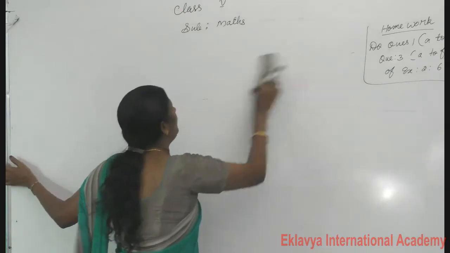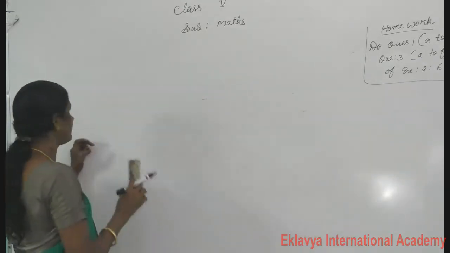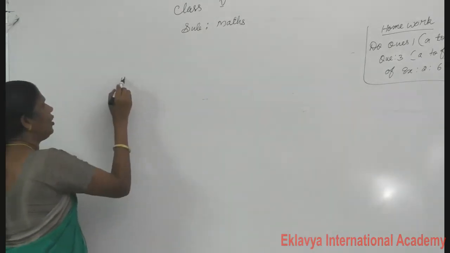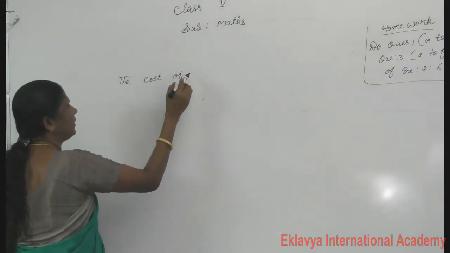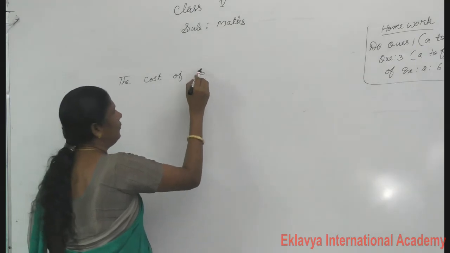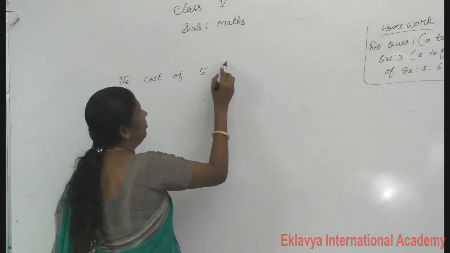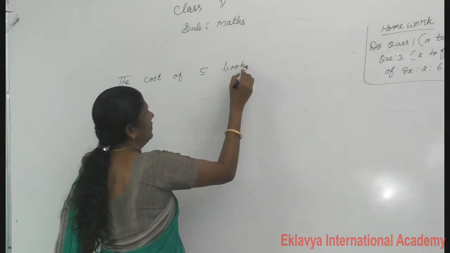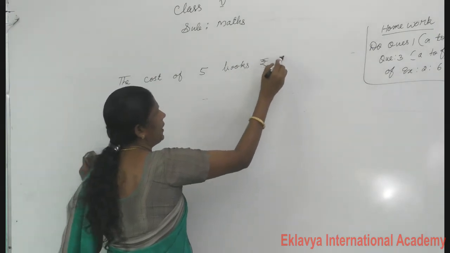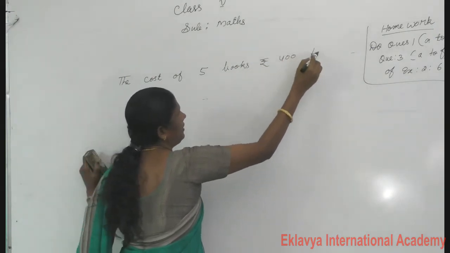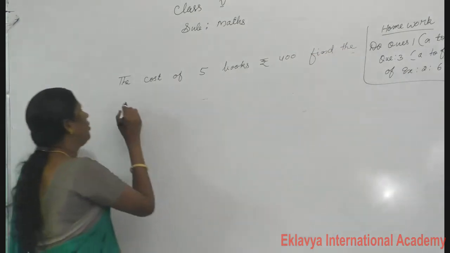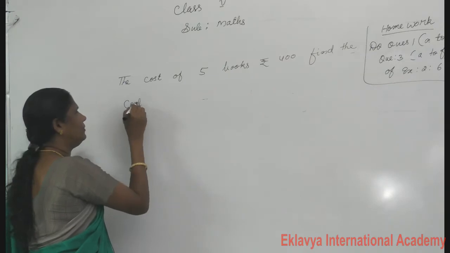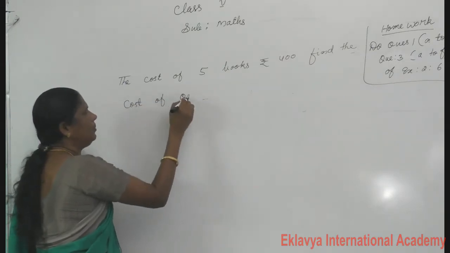How to solve the problem? The cost of five books is rupees 400. Find the cost of one book.